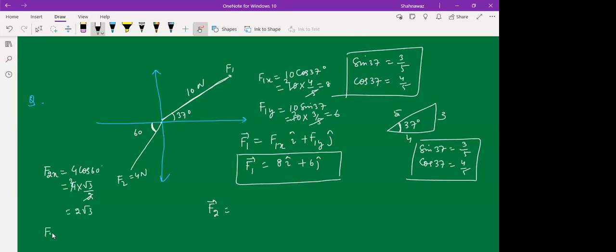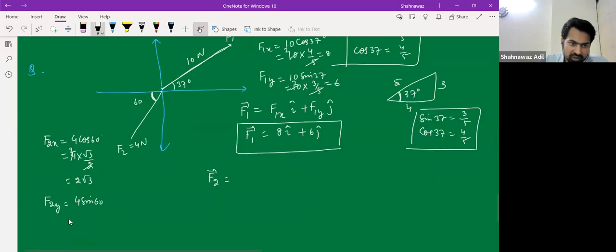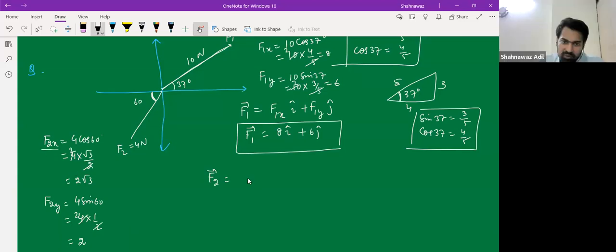And we have this f2y, which is 4 sine 60, so this is 2. This would be f2x, but in which direction?